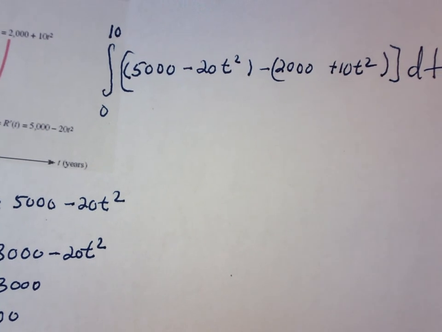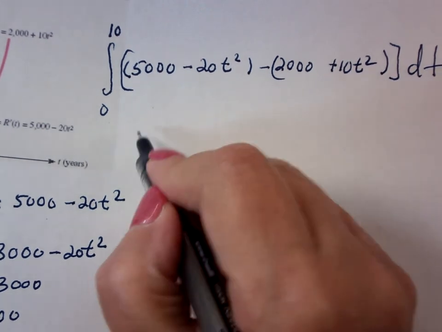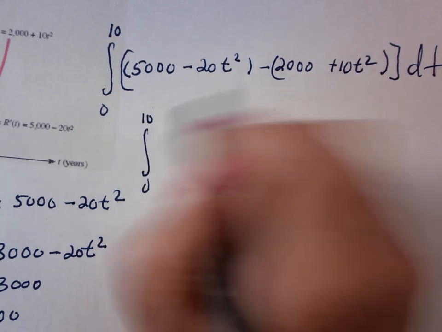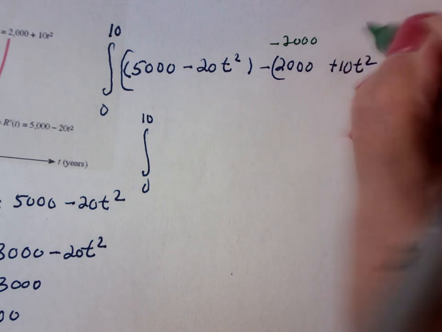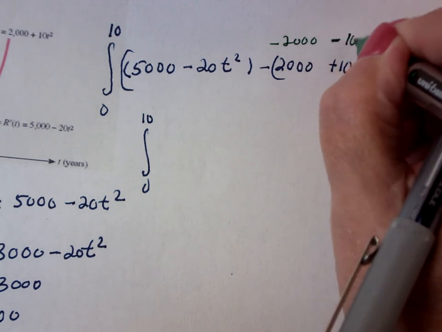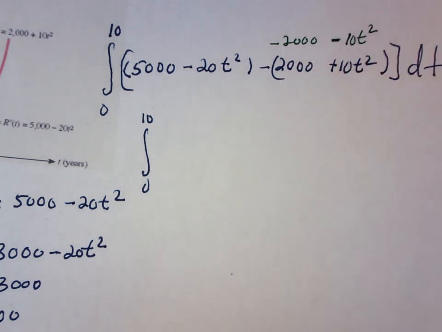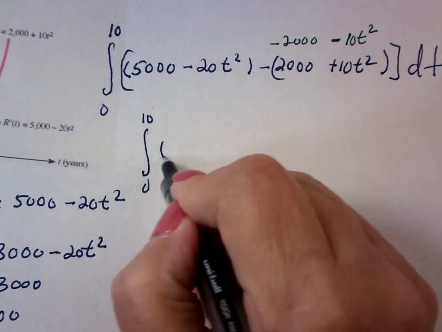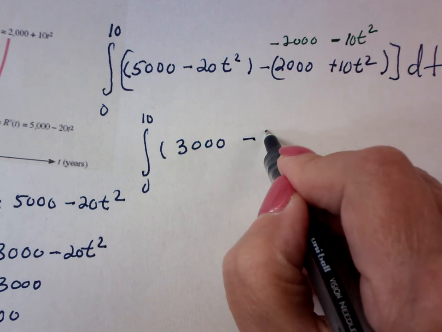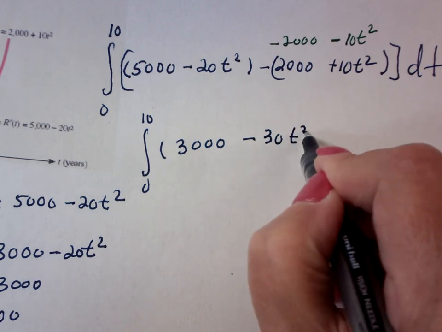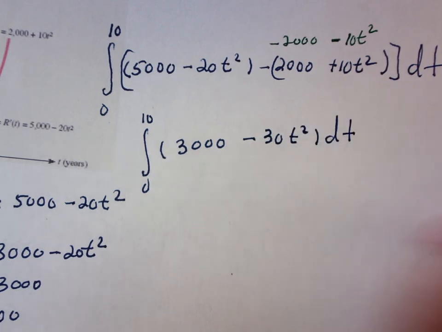Upper minus lower, which is from 0 to 10. So this is what, minus 2,000 minus 10t squared. So this is 3,000 minus 30t squared dt.